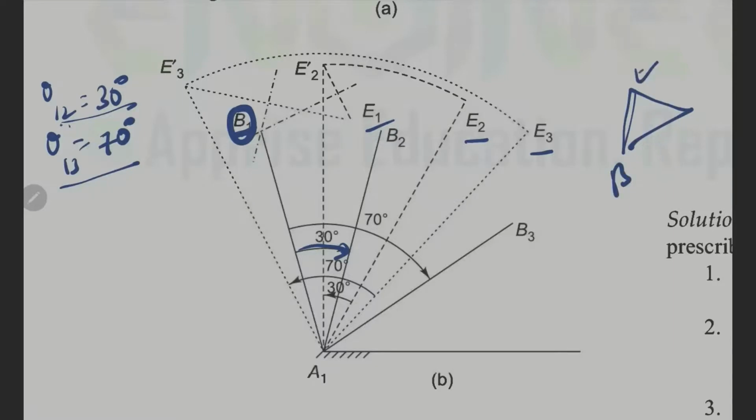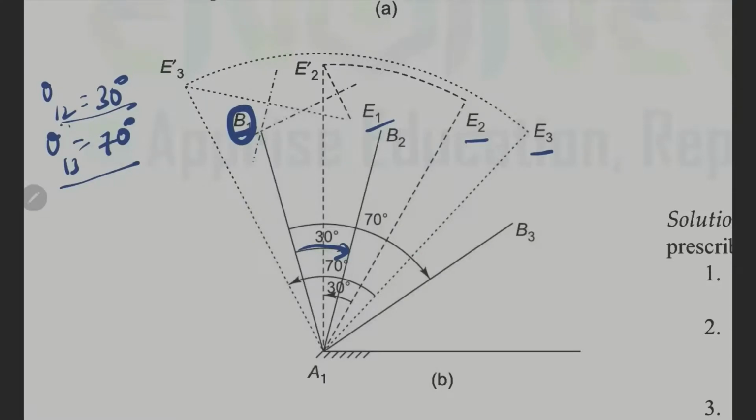Since the whole triangle is rigid, if E rotates by theta about a point, B also must rotate by theta, so that there is no angular deformation of the body. Only then we call it rigid.